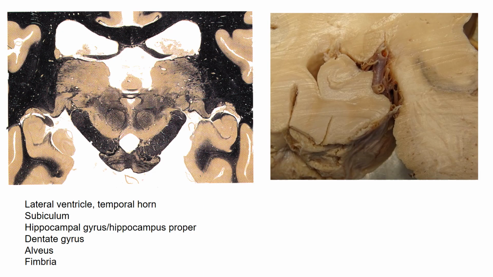Okay, so now taking a look at some cross sections, let's go ahead and orient ourselves with some stuff we already know. Let's look for our lateral ventricles here. Lateral ventricles, these are going to C-shape, posteriorly and then arch around into that temporal lobe. So here is that little hole delineating the temporal horn of the lateral ventricles. And here's that other side.